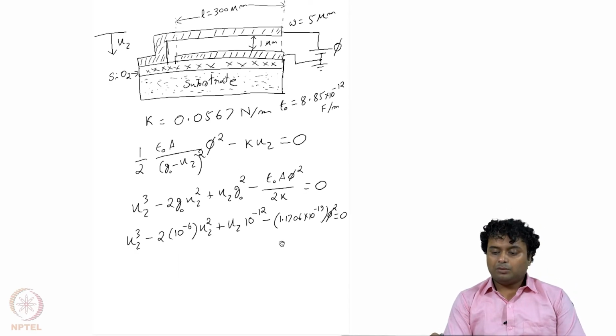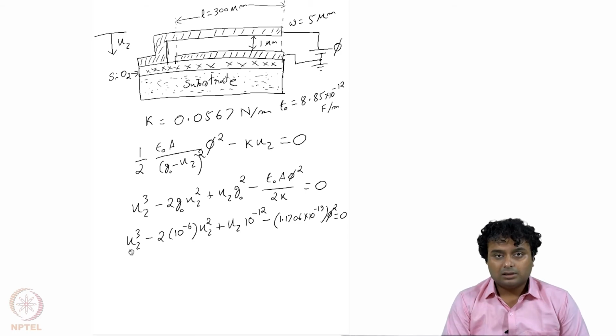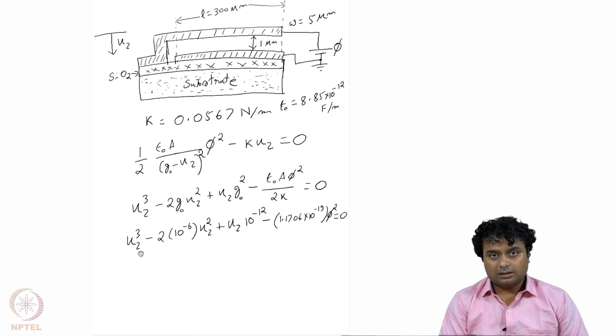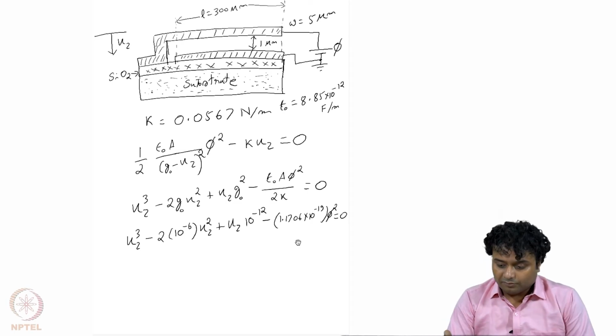Okay. Now an important point to note in this equation is that uz has a cubic power, it is a power of 3. So this is a cubic equation, and that means it can have 3 roots, correct? And as all the other terms are known, the only unknown value is phi, and putting different values of phi we can get different solutions of uz, right? So let us put different values of phi.